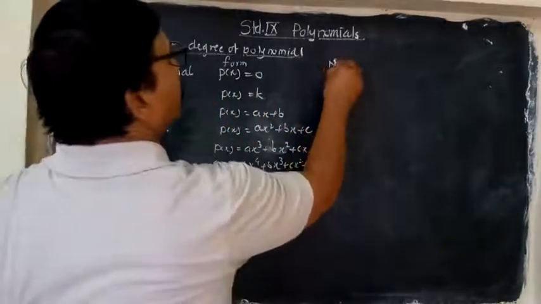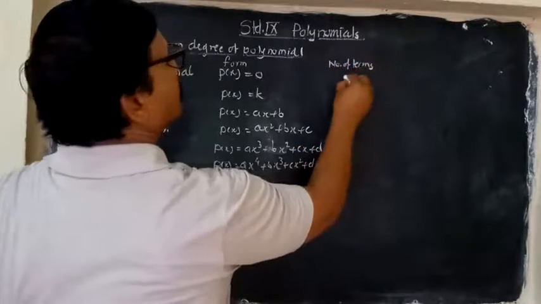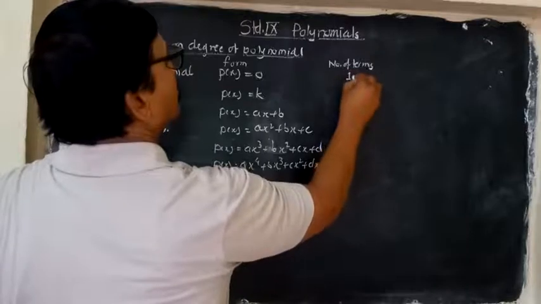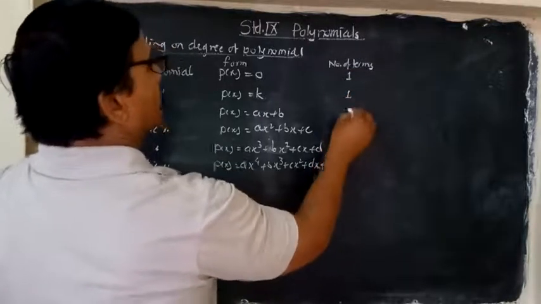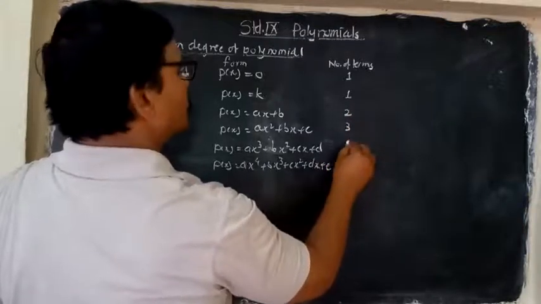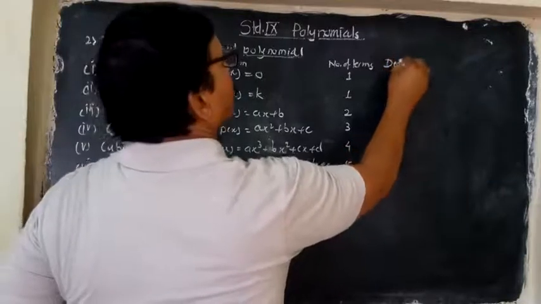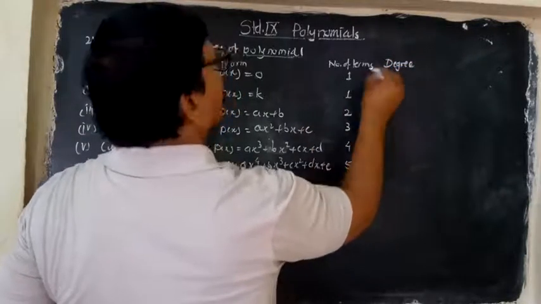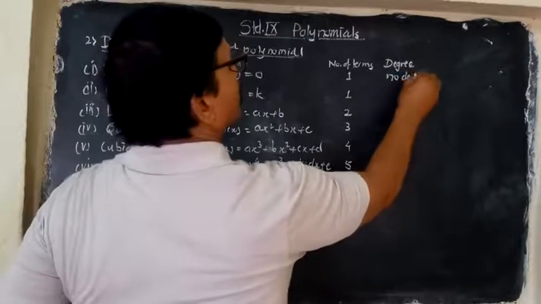Now number of terms in each polynomial is, here number of terms is 1. Constant polynomial also has number of terms 1. It has 2 terms, it has 3 terms, 4 terms, 5 terms and so on.